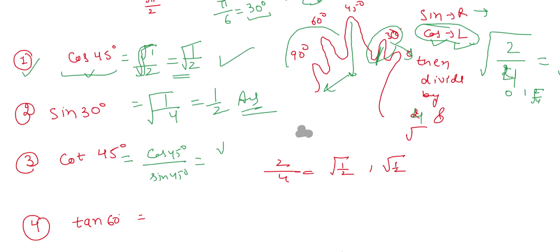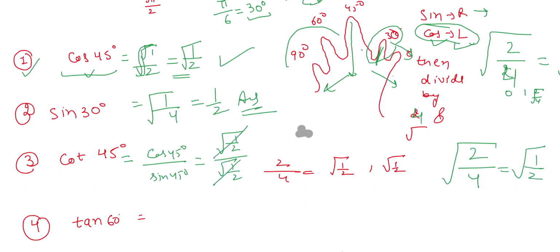And for sine 45 degree, look at the fingers on the right hand side. There are 2 fingers, so 2 divided by 4 and then take the square root. Then again you will get 1 by under root 2, and this will be cancelled out. You will get 1.